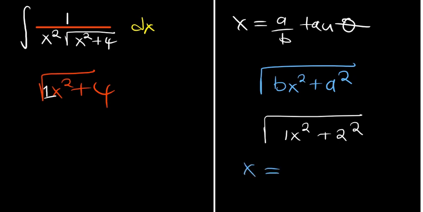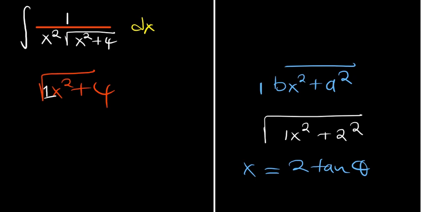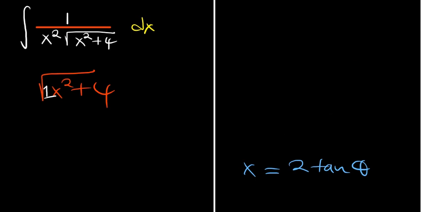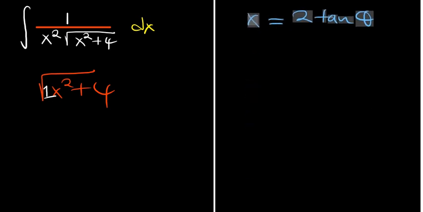A over b. Our a in this case is 2 and our b is just 1, so we have 2 tan of theta. As simple as that. From this point I think you should be able to answer the question, so feel free to pause the video and answer it.